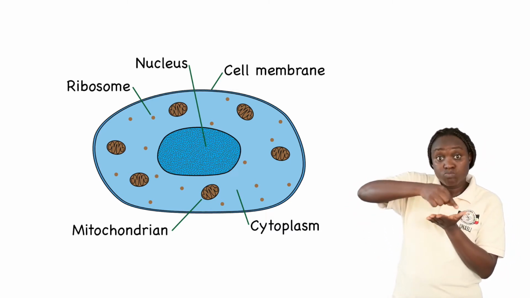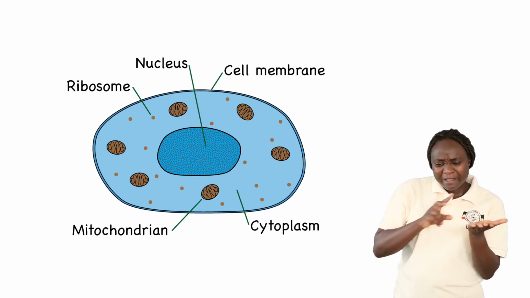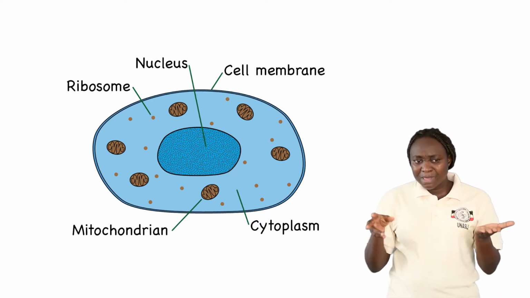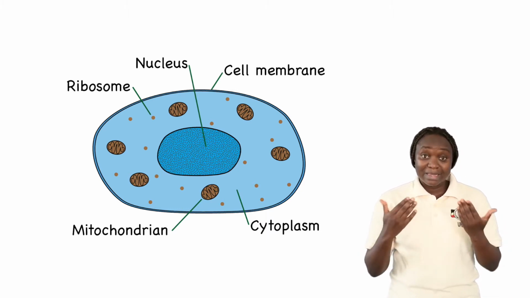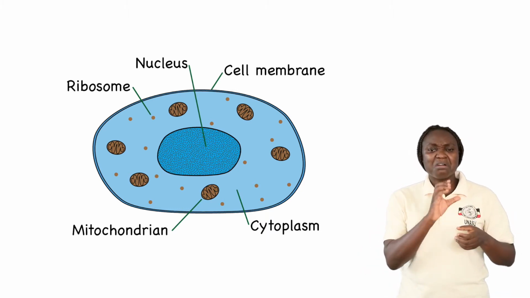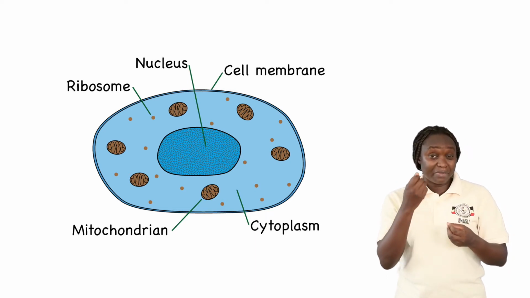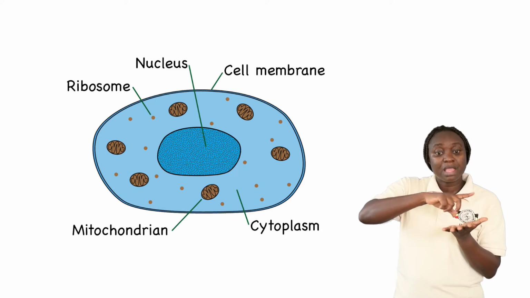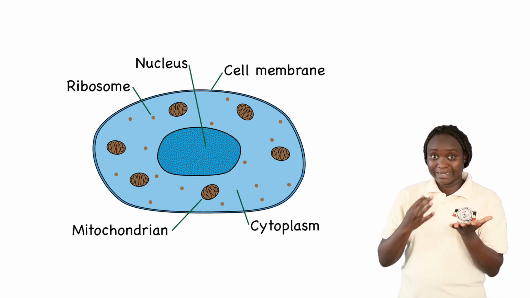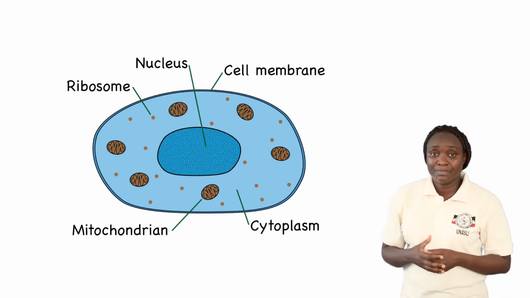Is it similar to that you saw in the egg cell? Correct. The animal cell also has 3 layers. We have an outer layer, then we have a layer after that outer layer, and then we have an inner layer.